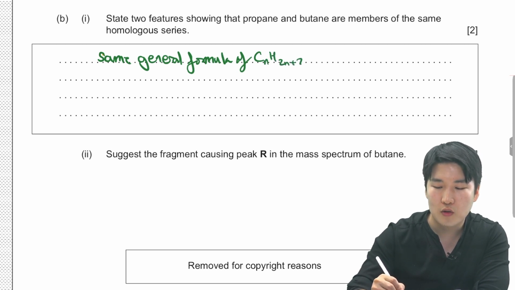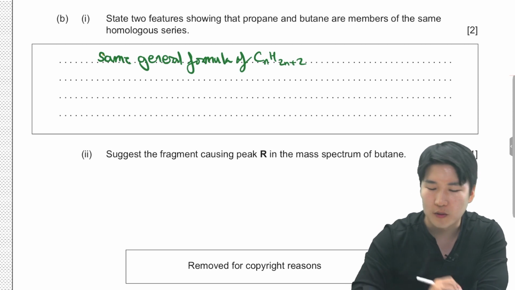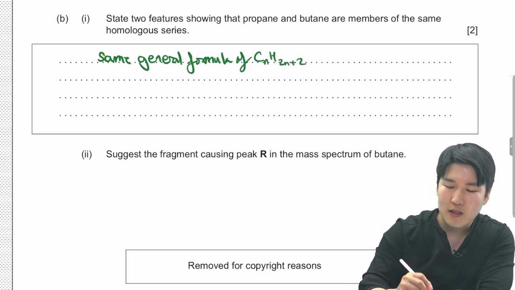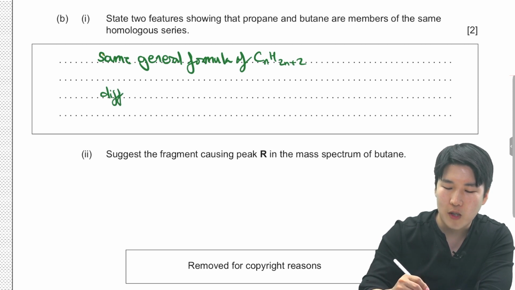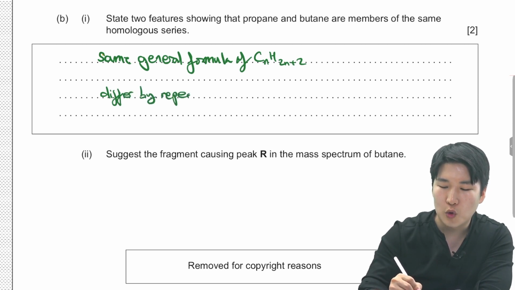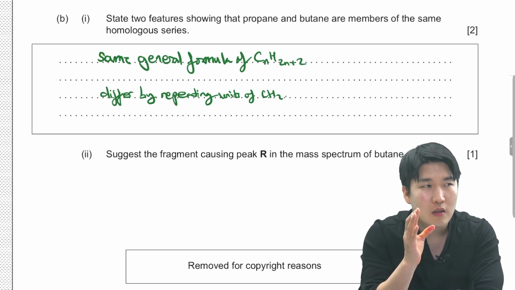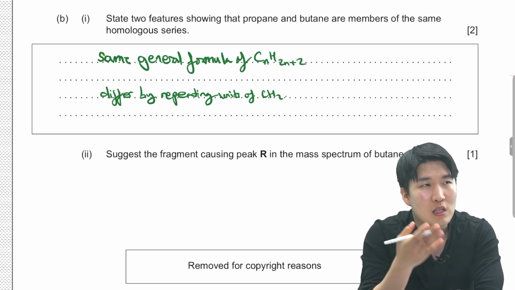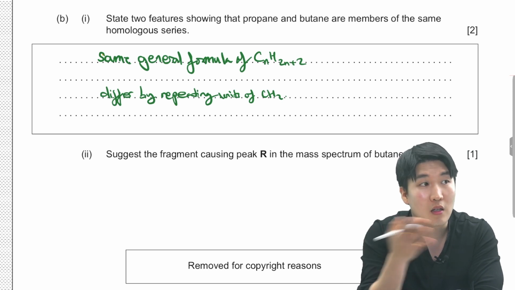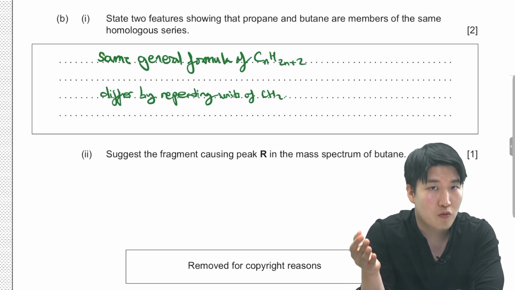CnH2n+2 would be the general formula, as well as members differing by repeating units of CH2. Similar chemical properties: they undergo similar reaction mechanisms like free radical substitution reaction.